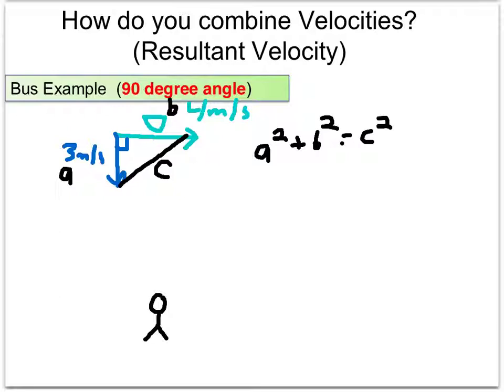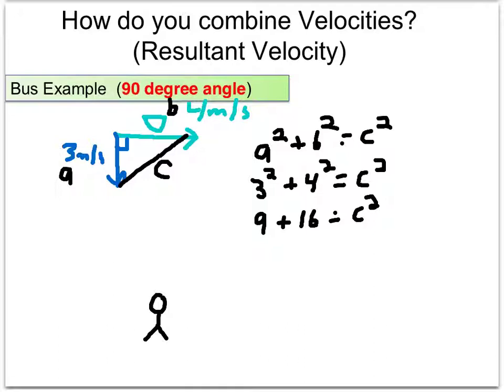So we would just put 3 squared plus 4 squared is equal to c squared. We'd square that and get 9 plus 16 is equal to c squared. And we need to get c by itself. Right now it's being squared. And the way we do that, of course, well, let me first combine these units.